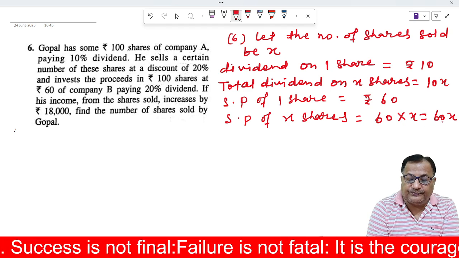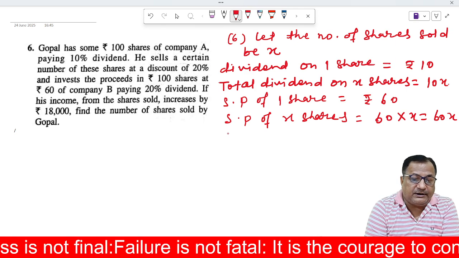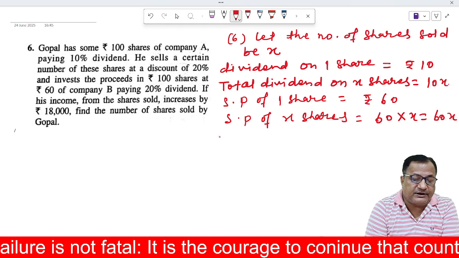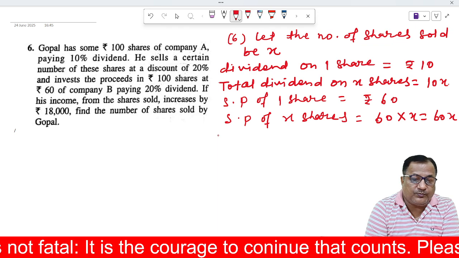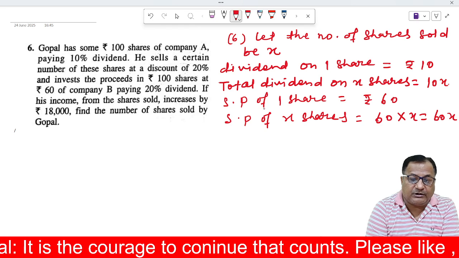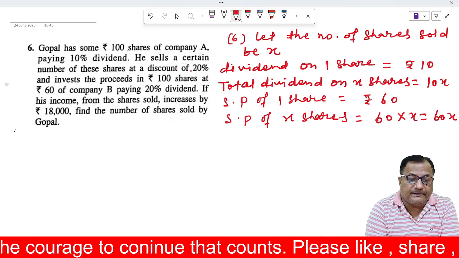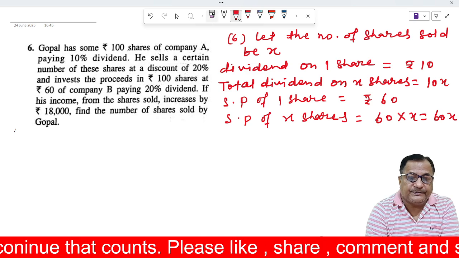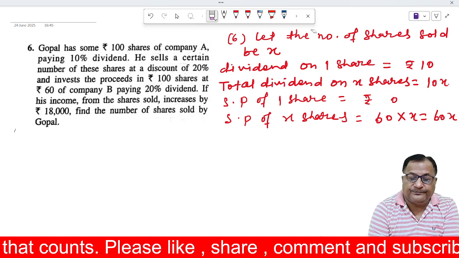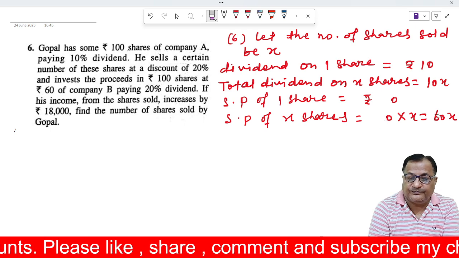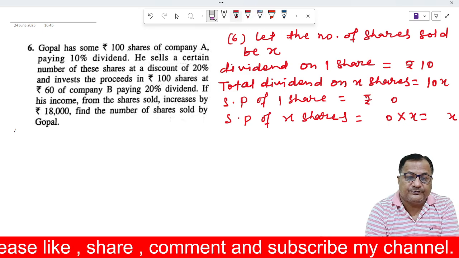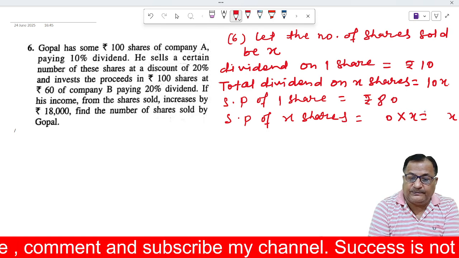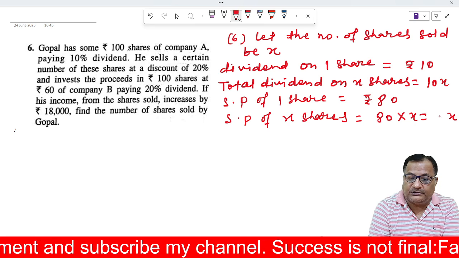And this is the selling price, which he invests in the proceeds.